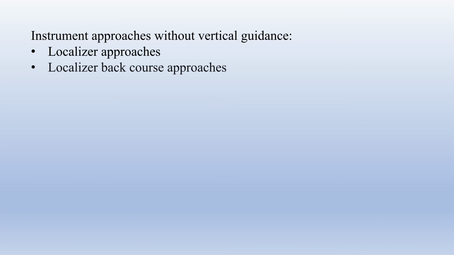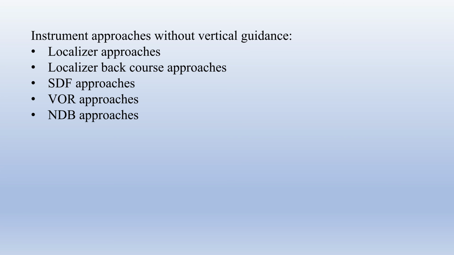But there are some instrument approaches that don't have any vertical guidance. These include localizer approaches, localizer backcourse approaches, simplified directional facility or SDF approaches, although there's only one of these left in the United States, VOR approaches, and NDB approaches.